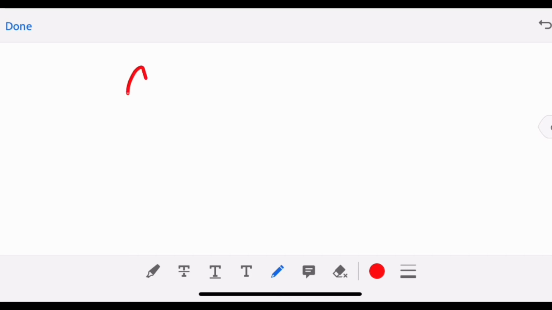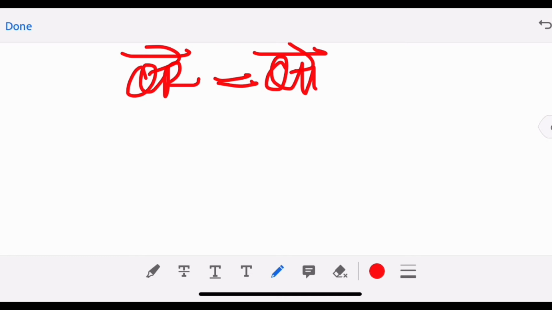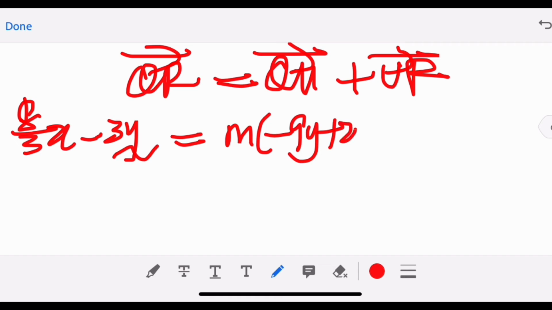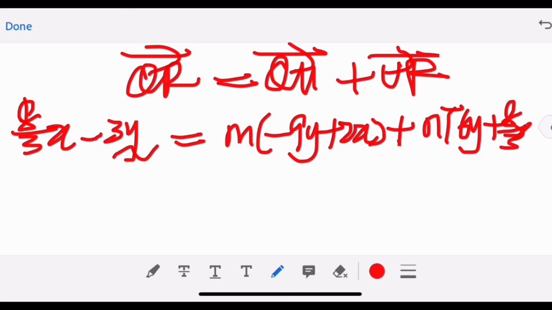Now let's write here. QR is equal to QU plus UR from the triangle law, so that we can form the equation. So we have 8 over 3x minus 3y is equal to m, negative 9y plus 2x plus n, 6y plus 8 over 3x.